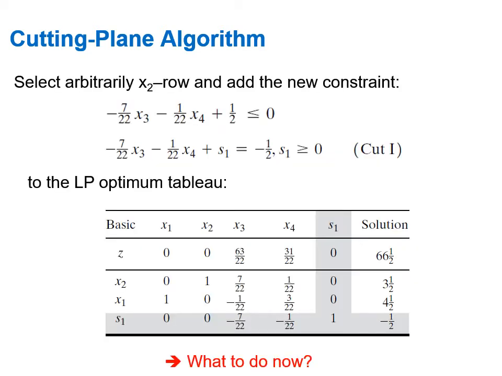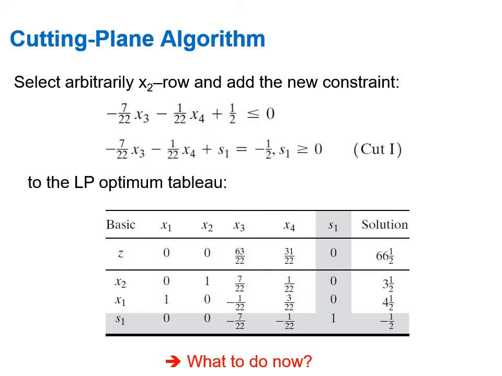Now let's consider that optimal tableau, and from that optimal tableau, by looking at the x2 row, which is this row here, we can write our cut as minus 7 over 22 x3 minus 1 over 22 x4 plus 1 over 2 less than or equal to 0.